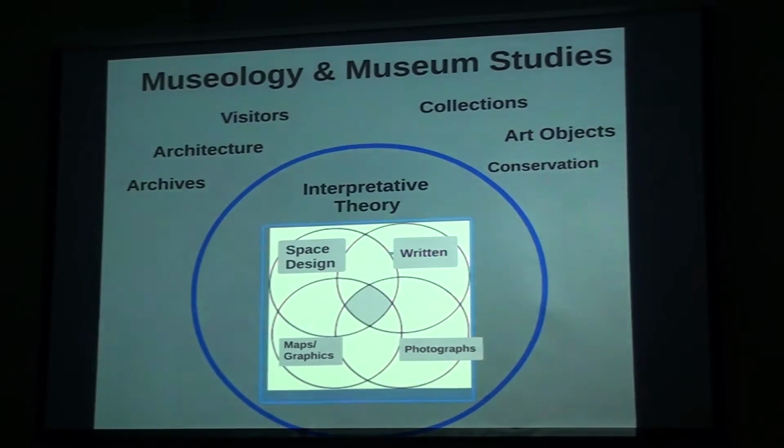And all of these other things include museology, but we're gonna look at three that are in here. So interpretive theory can include space and design. It also includes written interpretation, which you can also call text, maps and graphics, and photographs. So we're gonna look at all of these things today, except for the maps and the graphics, because it's too much and we don't have a lot of time.